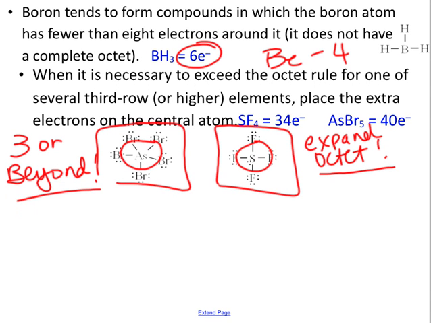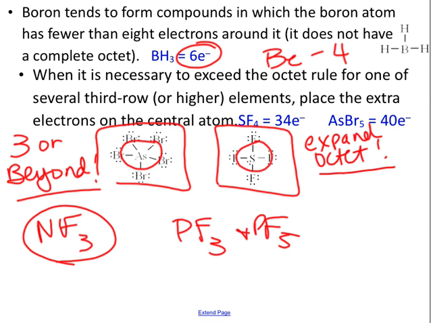One of the questions was, how come P can do PF3 and PF5, but N can only do NF3? You remember that one? And that was the reason. N has no d orbitals available on energy level 2 in order to expand that octet. Phosphorus, being a third energy level element, can do that.